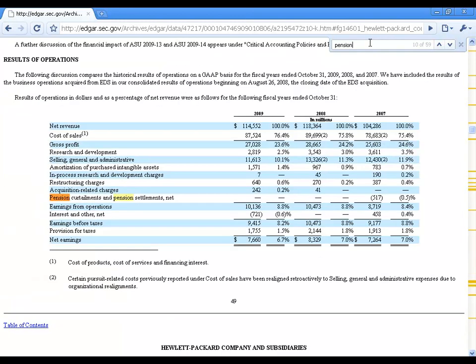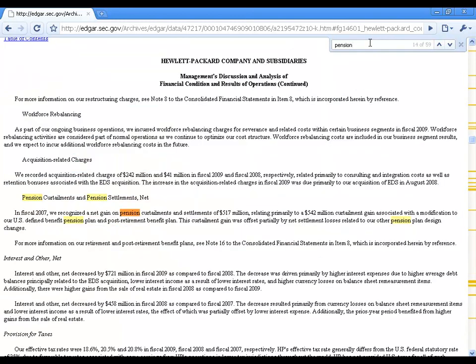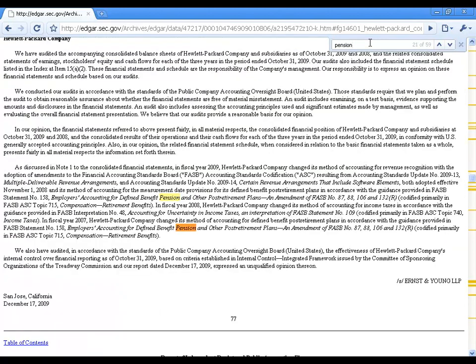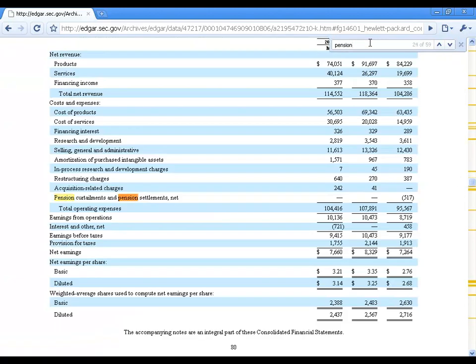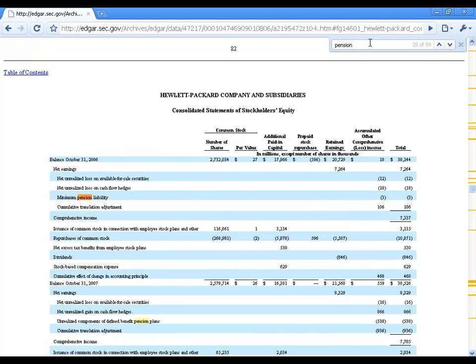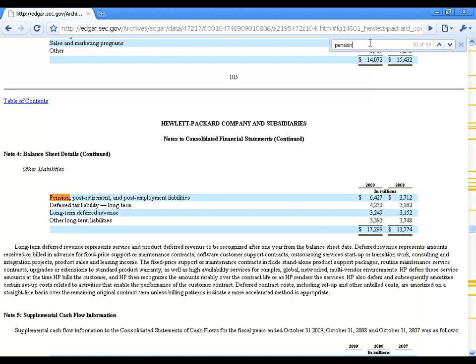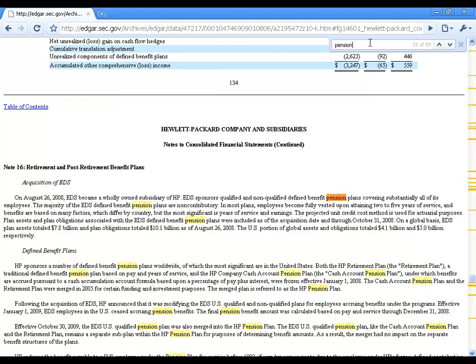Keep scrolling down. Talking about their funding policy for pension plans right there. Keep scrolling down, and it looks like it's hidden down here in the notes.